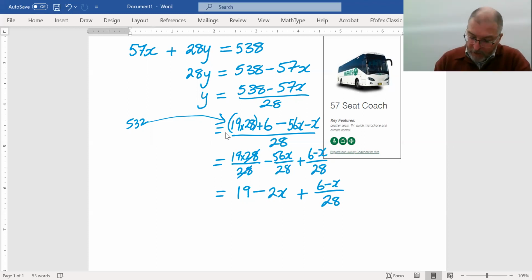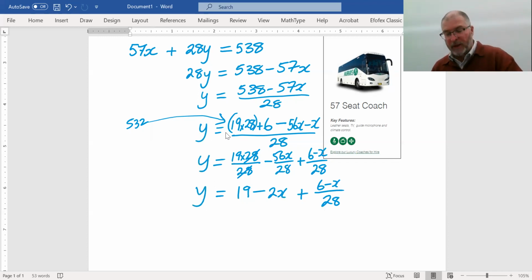then y, which I've been saying is equal on the left-hand side here, all the way down, then y must be a whole number. What are you getting at? Well, 19, whole number. 2 and x must be whole numbers, because if there's an answer, x is the number of 57-seaters, and we're saying if there's an answer, it's a whole number.